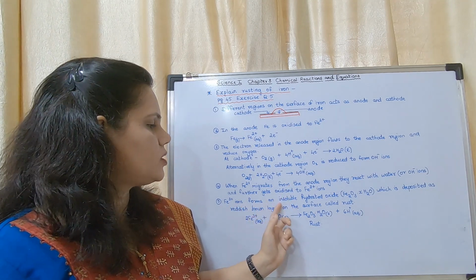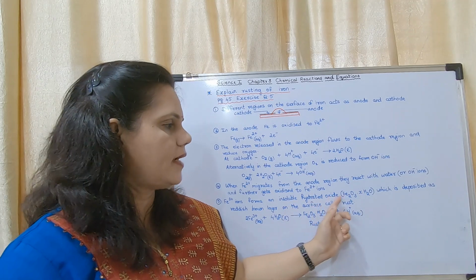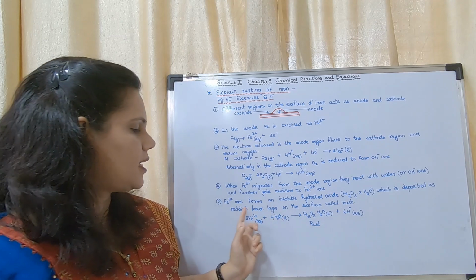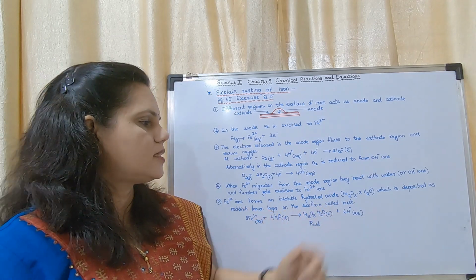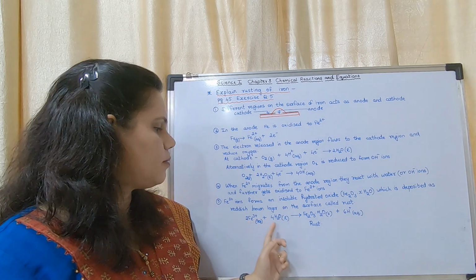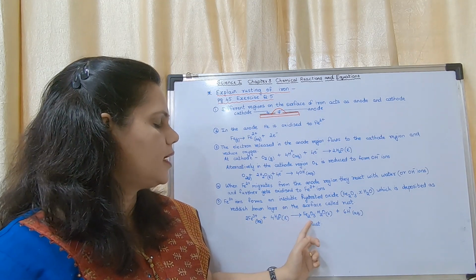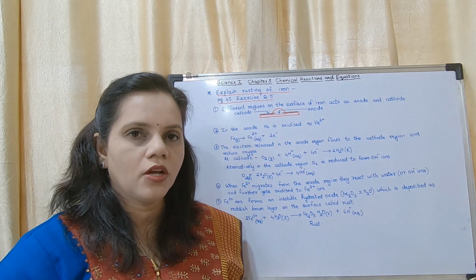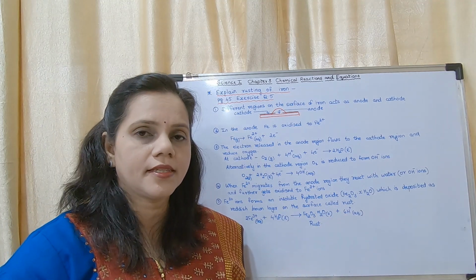Fe3+ ions form an insoluble hydrated oxide, that is Fe2O3.xH2O, which is deposited as a reddish brown layer on the surface called rust. 2Fe3+ plus 4H2O gives Fe2O3.H2O plus 6H+. Okay, this is the reaction.